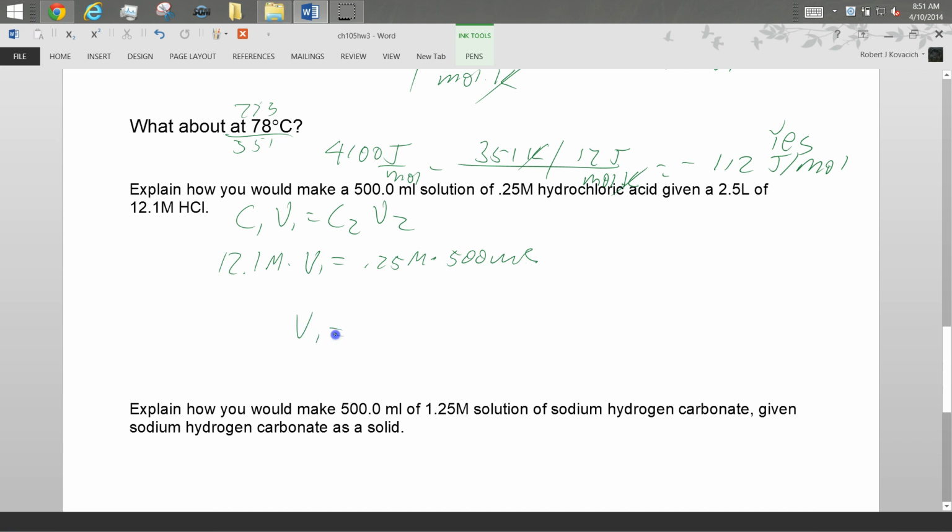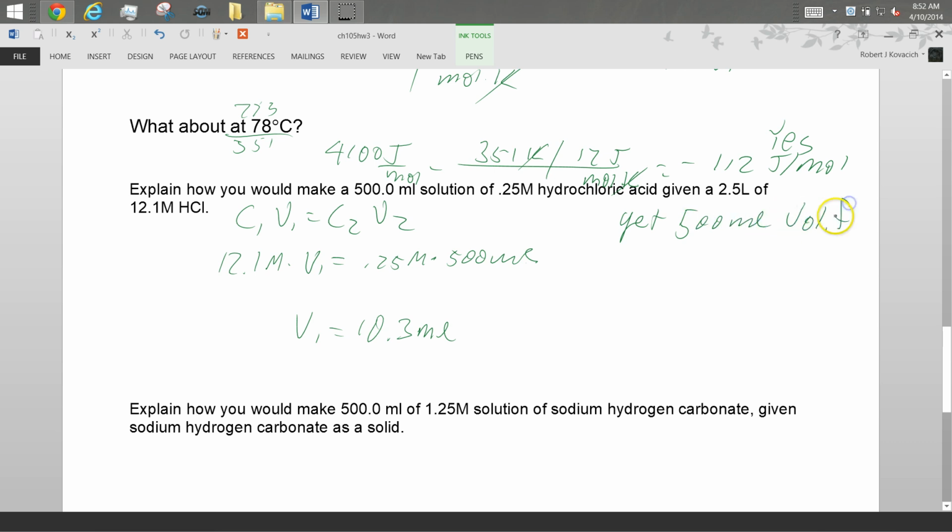Okay, so then the volume is going to be 0.25 times 500 divided by 12.1. I get 10.3 milliliters.